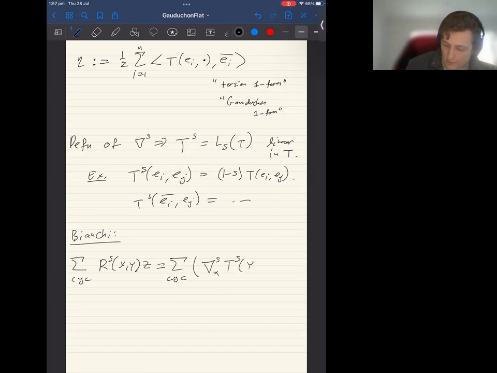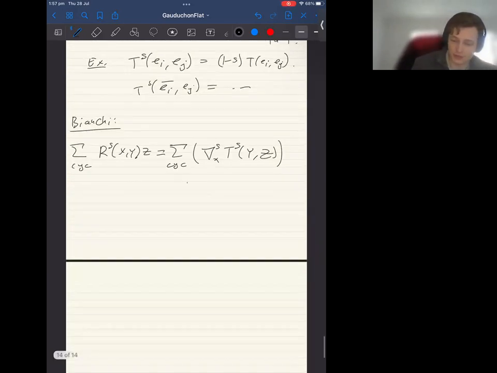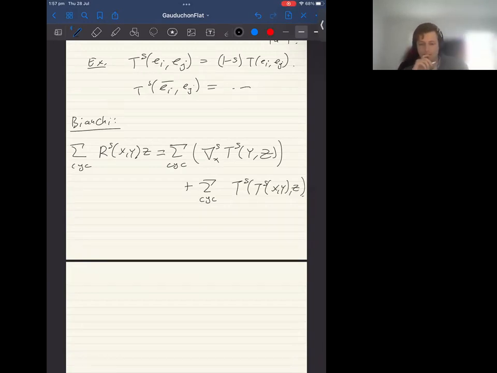We have this term, which involves covariant derivatives of the torsion, plus another term which is quadratic in the torsion. So what does Kähler-like mean? Remember, Kähler-like means the curvature satisfies the Bianchi identity, so the left-hand side is 0.